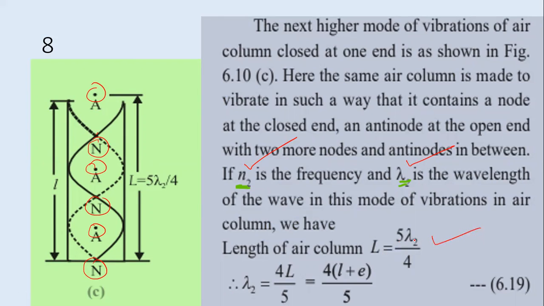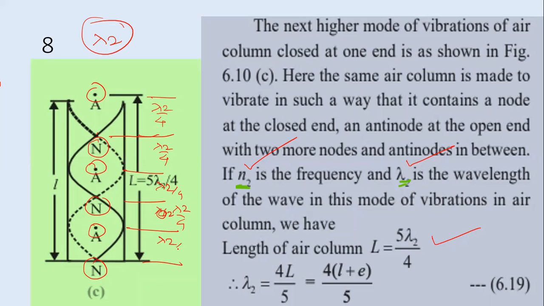Here, in this mode, the wavelength is lambda 2. Then this distance is lambda 2 by 4, this distance again lambda 2 by 4, again this distance lambda 2 by 4, this lambda 2 by 4, and this one lambda 2 by 4.